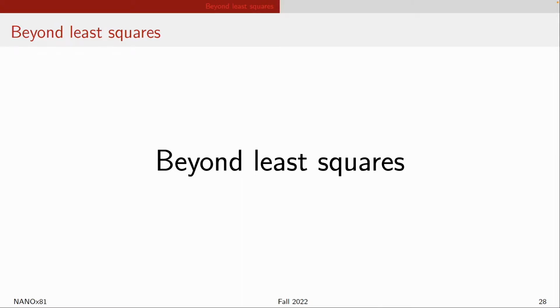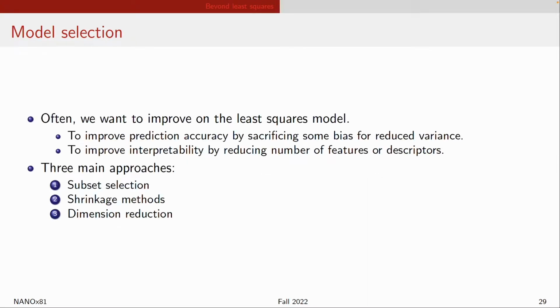Now, I'm going to start on going beyond your simple multiple linear regression. So far we have only worked with our very simple multiple linear regression. The reason why we go beyond our multiple linear regression model is we want to improve on the least squares model.